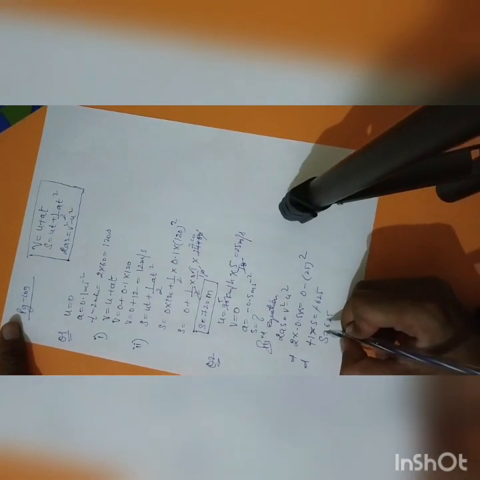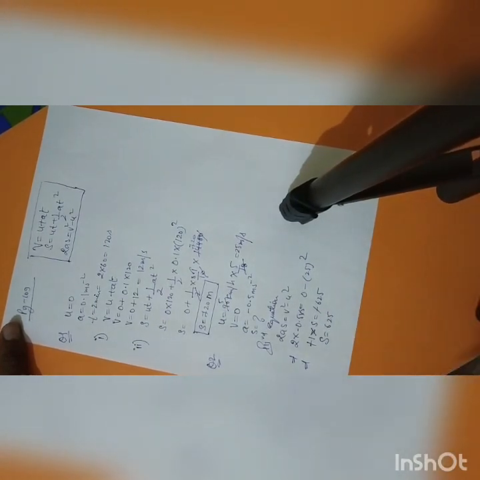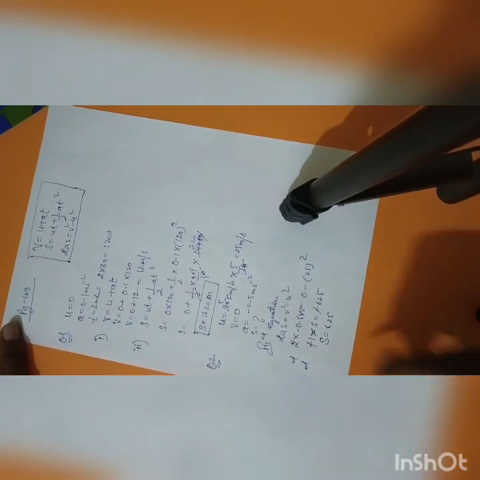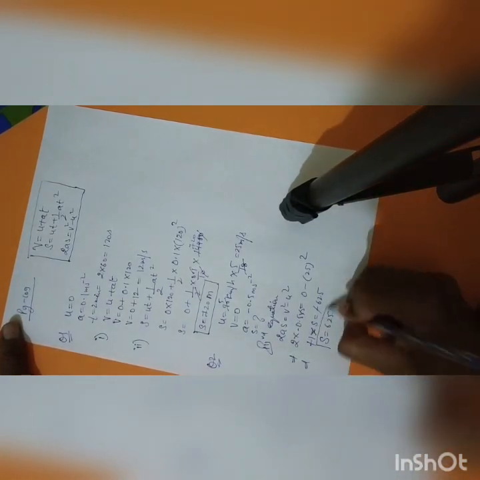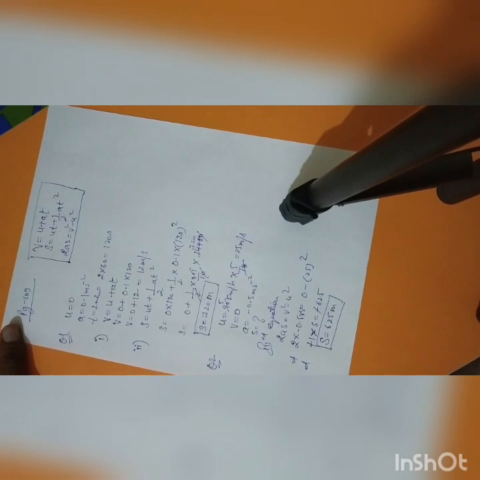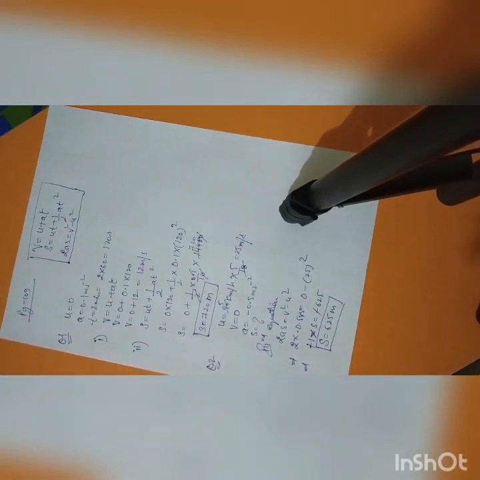Hence the distance covered would be 625 meters. This would be the distance covered by the train before it comes to rest.